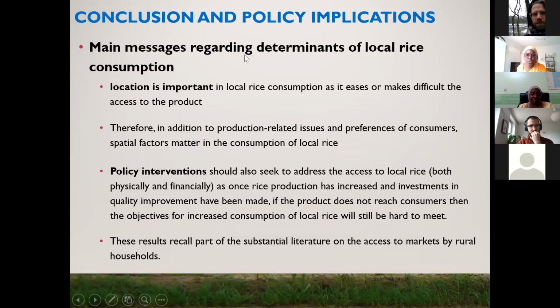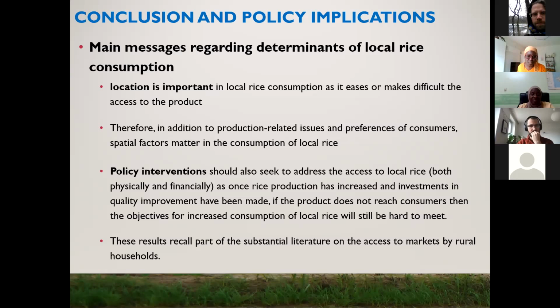So in terms of conclusion and policy implications, we have some main messages regarding the determinants of local rice consumption. Based on the results, household location is very important in local rice consumption, because it can ease or make difficult the access to the product. It means that in addition to focusing on preferences of consumers, which is very important and should be continued, and in addition to focusing on increasing rice production, policies should also think of improving the accessibility of the product, both physically and financially.